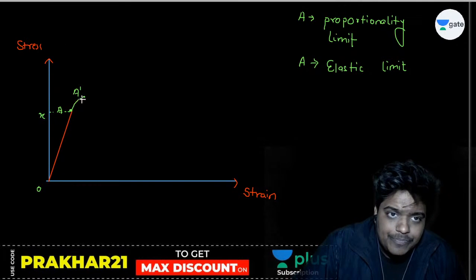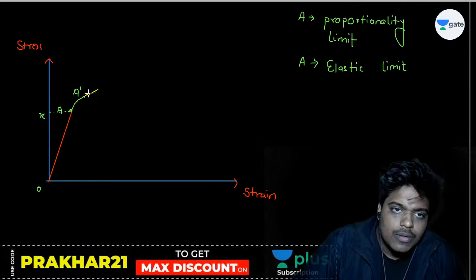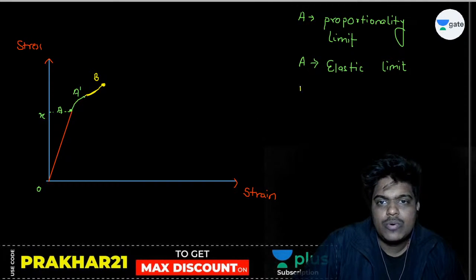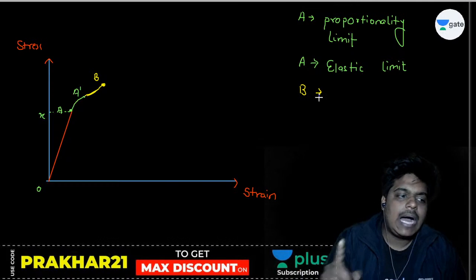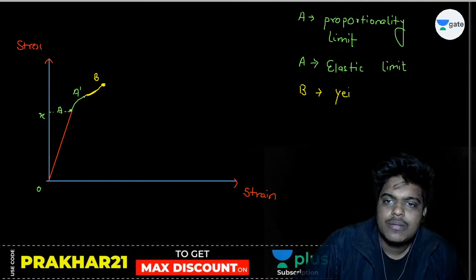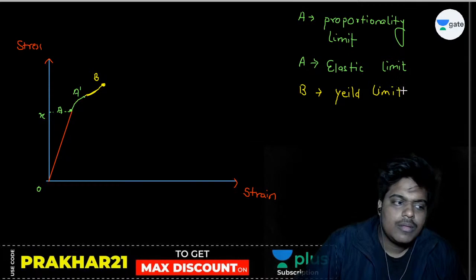And then the third part is this, that is point B. B is known as the upper yield strength. Okay.